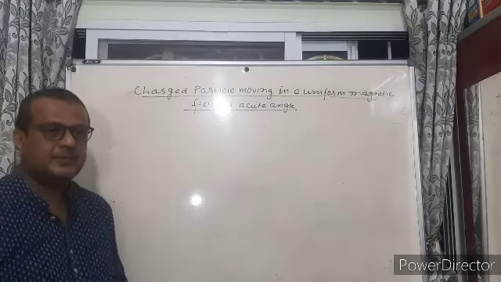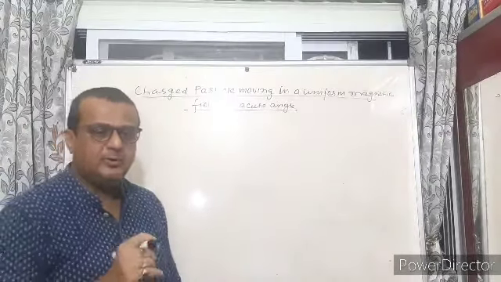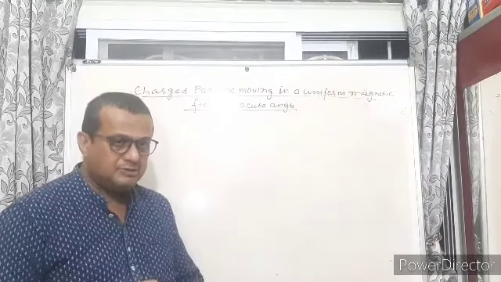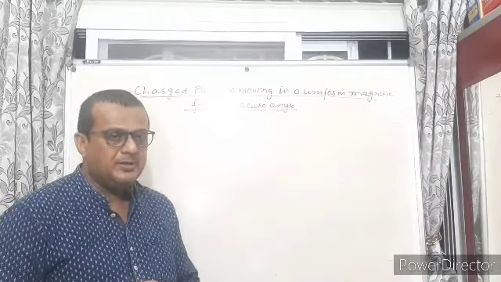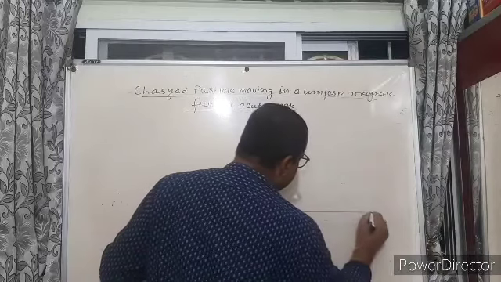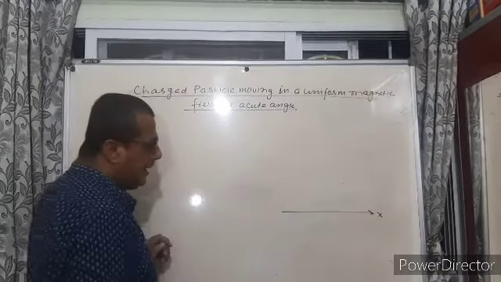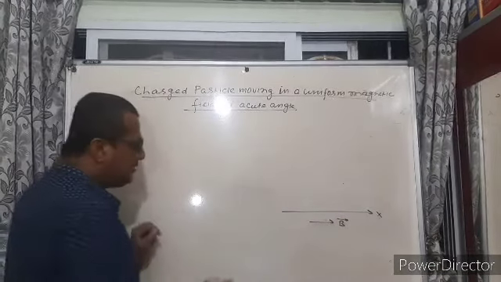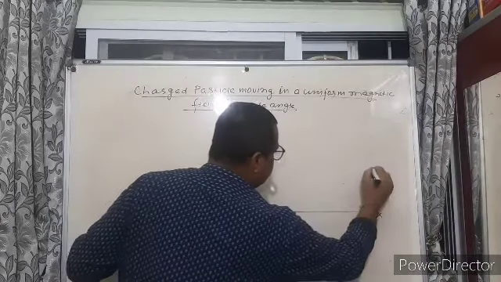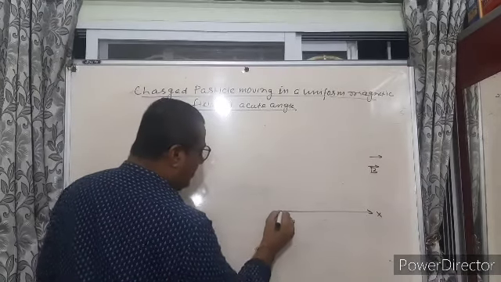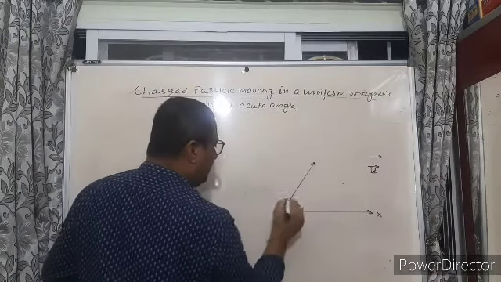In the previous case, the charged particle had moved at a right angle, that is 90 degrees. Now the charged particle is moving at an angle less than 90 degrees. So we are supposing here this is the x-axis and this is the direction of magnetic field, and this is the charged particle.